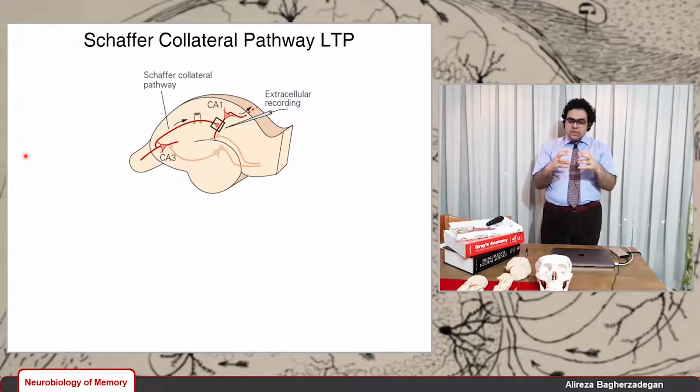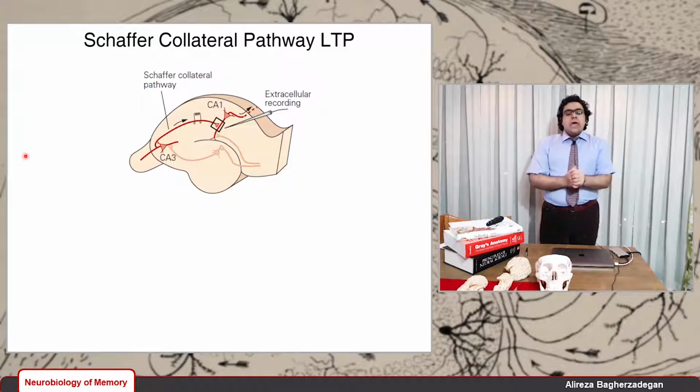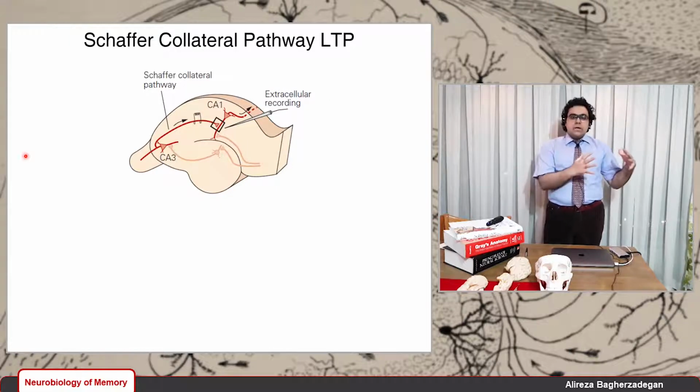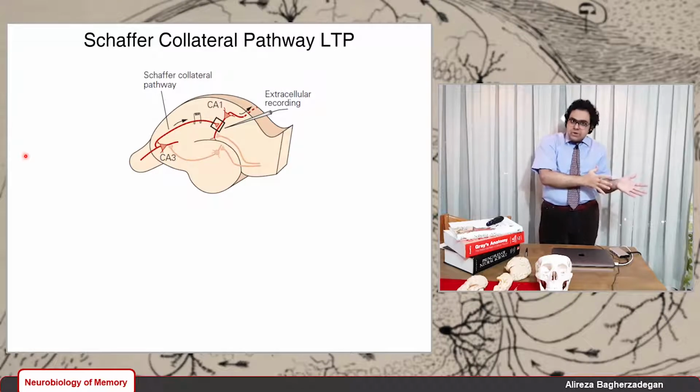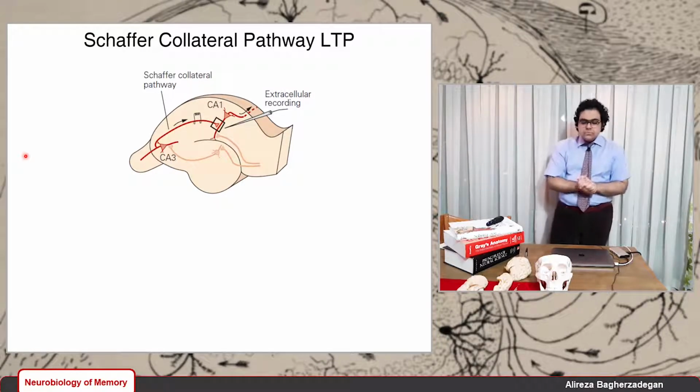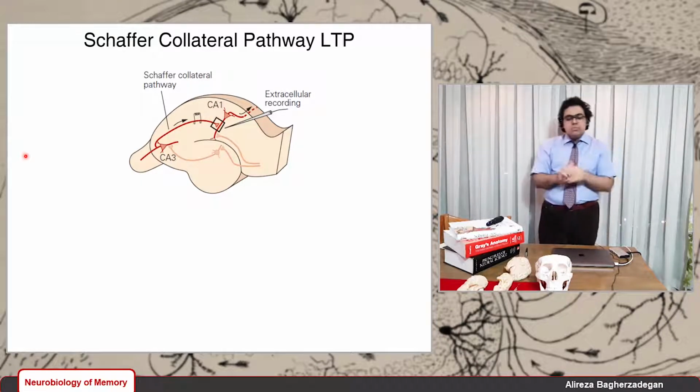What do scientists actually mean by the strength of a synapse? It's all about how much the postsynaptic cell is influenced by, or is activated or inhibited by, the presynaptic terminal or presynaptic neuron. And both postsynaptic and presynaptic cells can contribute to the strength of the synapse.